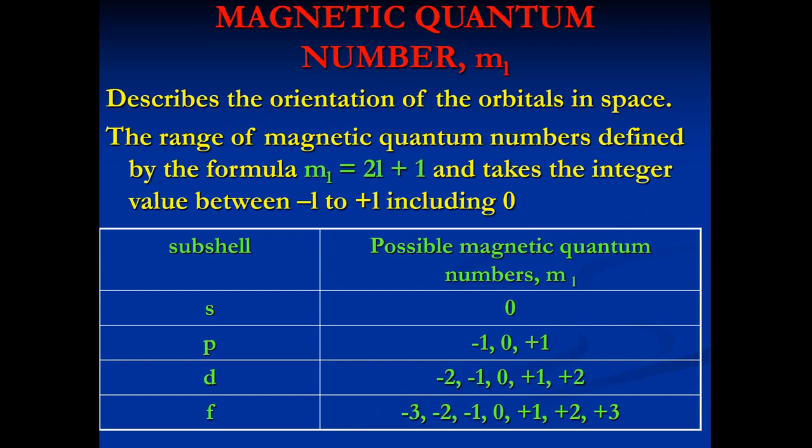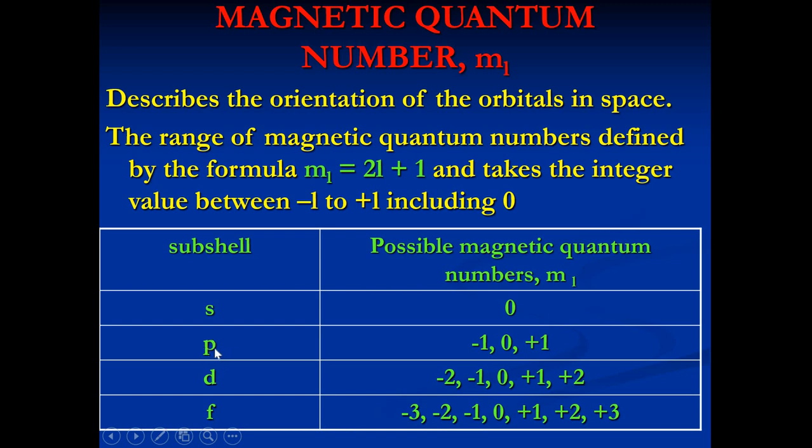And for the p orbital, your l is equal to 1. So if you want to calculate your magnetic quantum number, you will take the value of l.